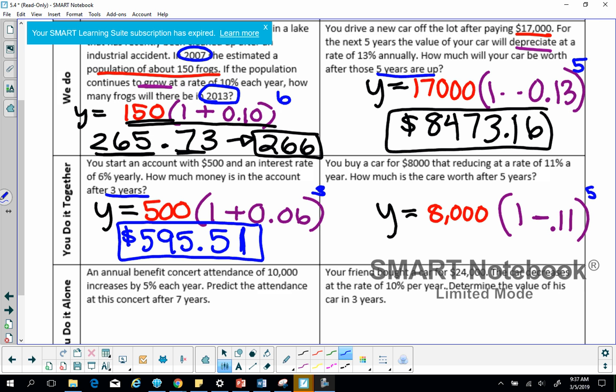Who could tell me what they got for the answer for the second one? 4,467.24. Beautiful. So all you're doing is just putting that into your calculator.